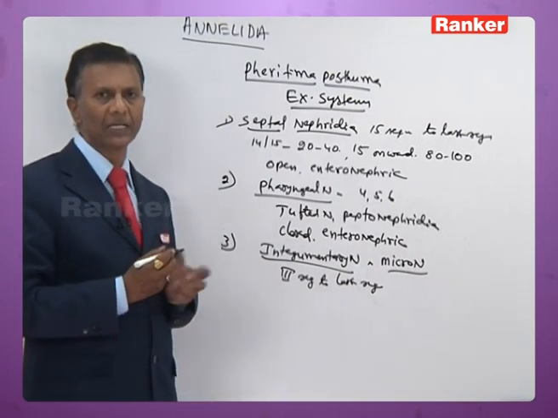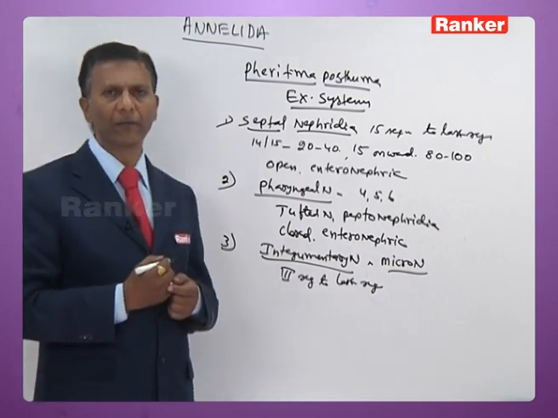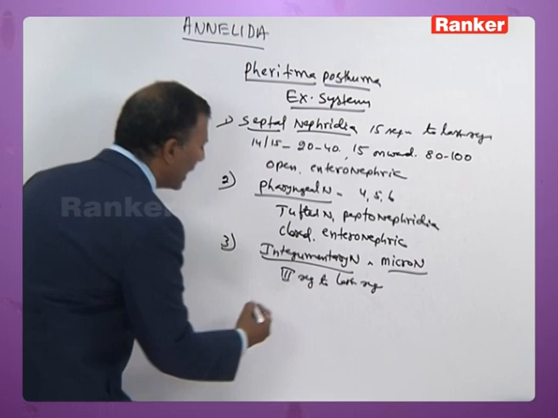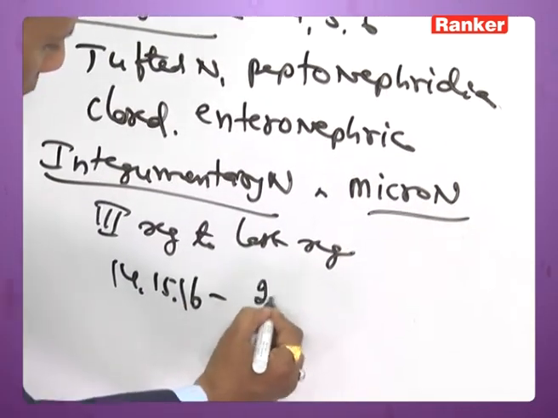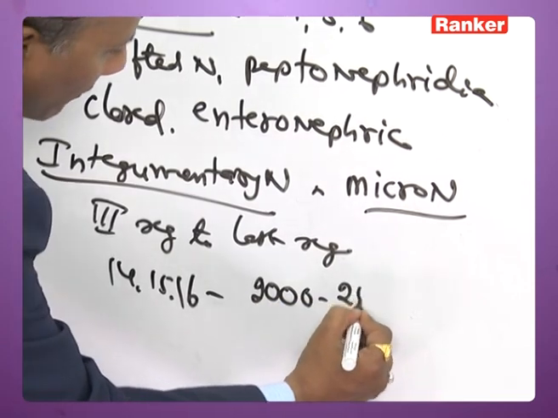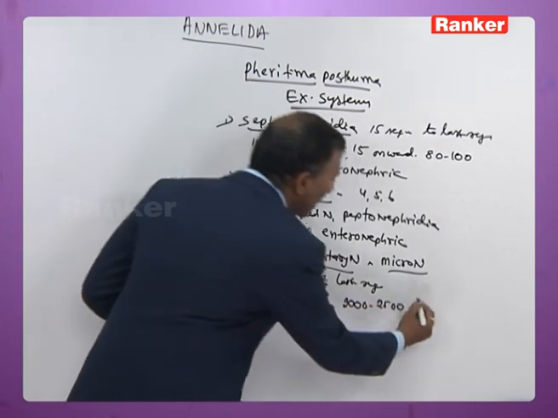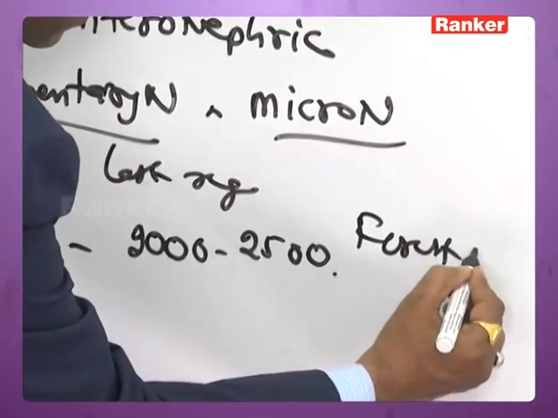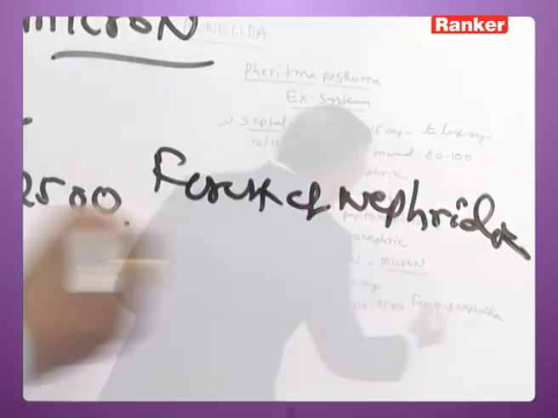They are the smallest nephridia in the earthworm. Per segment, 200 to 250 are present. But in the clitellum, that is in the 14th, 15th and 16th segments, 2000 to 2500 integumentary nephridia are present. That's why they are known as the forest of nephridia.